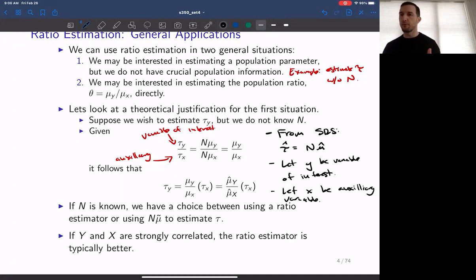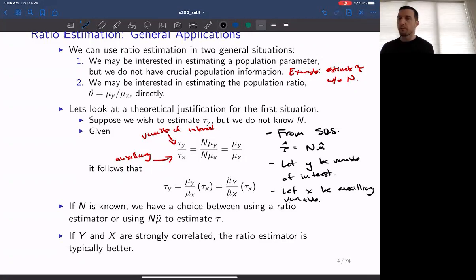So if we collected a simple random sample, say of size 50, we would have 50 observations for y and 50 observations for x. So it follows that they have the same population size. You can see that we have cancellation here. So we now have tau y over tau x is equal to mu y over mu x.